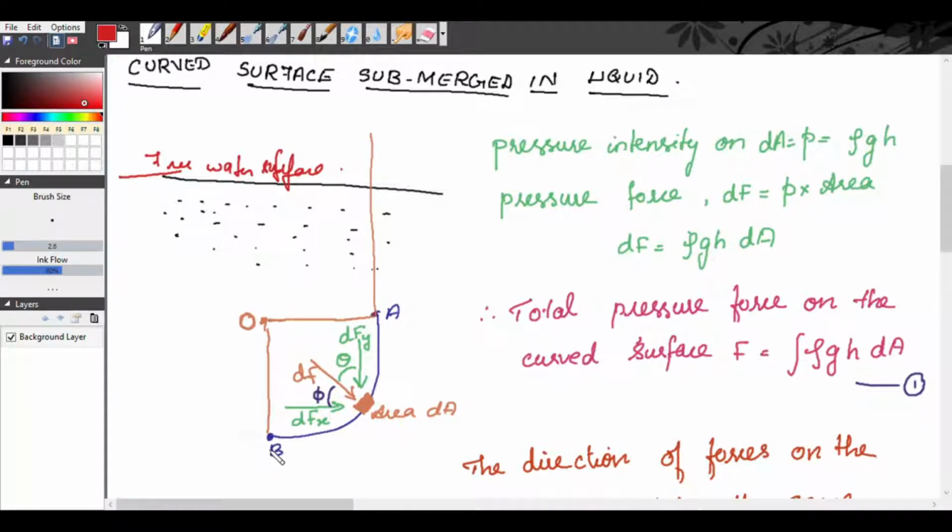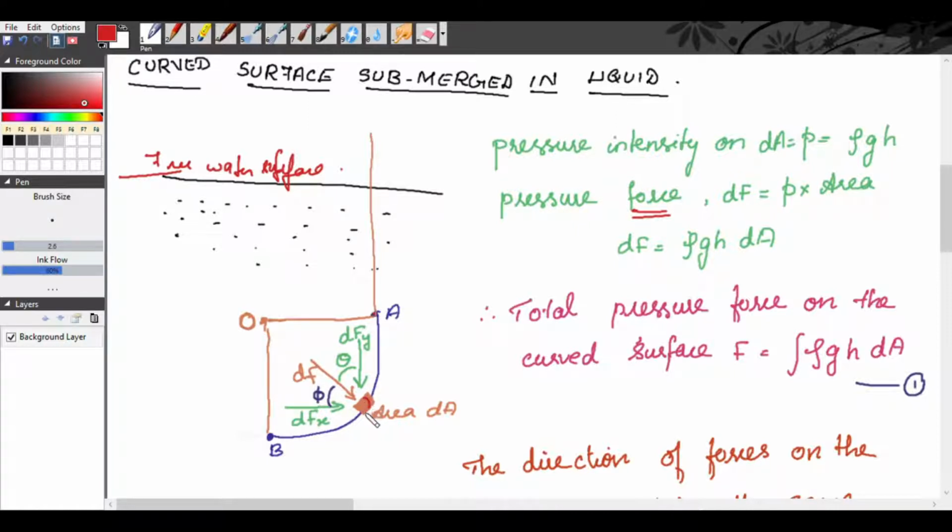Now in this curved surface AB, we are considering a smaller area dA. The pressure intensity on this smaller area will be P, that is rho g h. The total pressure force on this smaller area is dF, and that will act normal to this area.